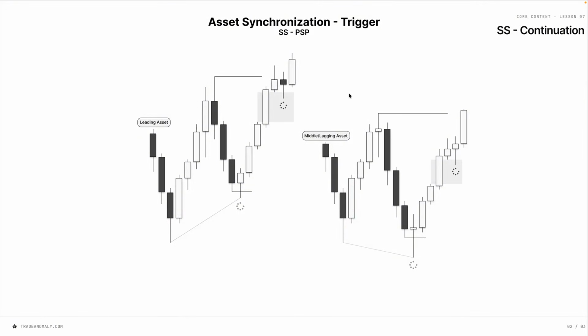Now here is the second strength switch confirmation for continuation, and that is going to be a strength switch PSP. As you can see, they both hit the gap, so we don't really have an SMT for our strength switch, but we do have that candle closure as a PSP as our strength switch. As you can see, this asset, after engaging with that draw on liquidity, shows short-term weakness by closing bearish.